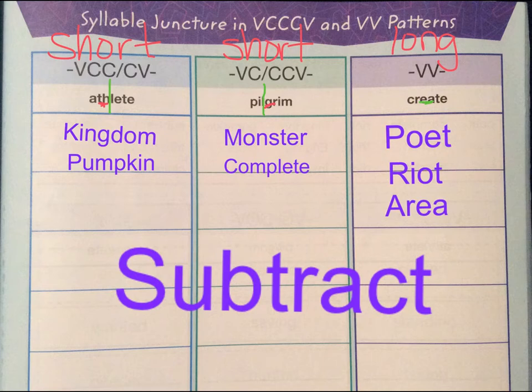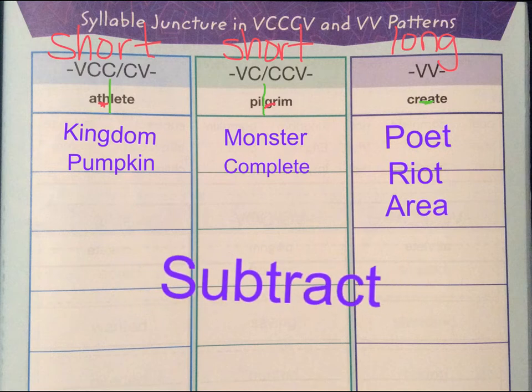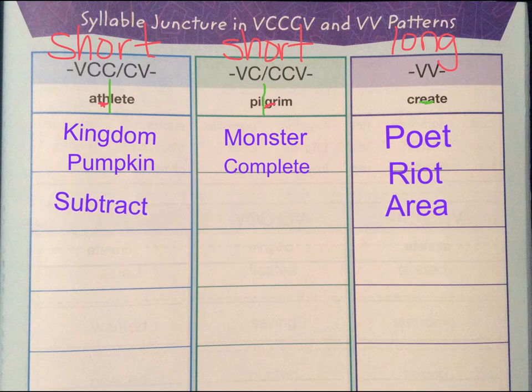Good. So knowing that the T and the R make the blend sound and they are in the second syllable, where would subtract go? First column, second column, third column. If you said the second column, you are correct. Subtract goes in the second column.